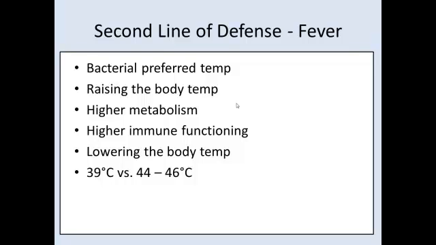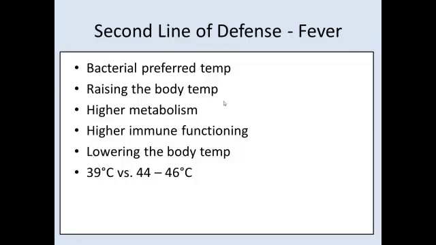That's why it's good to keep a temperature within 39 degrees C. If you get to higher temperatures, then you start having problems with your body, you start having damage to the brain, you can go into convulsions. That's why we keep an eye on fever, because you don't want it to go too high.